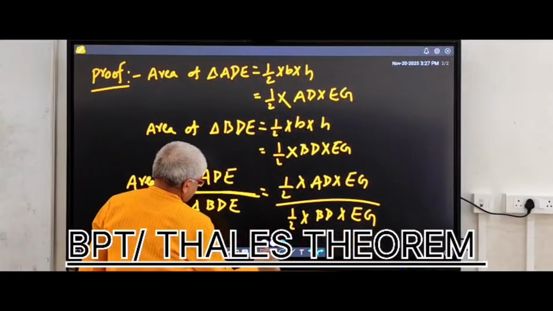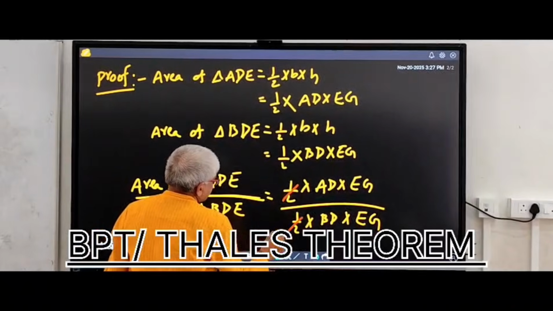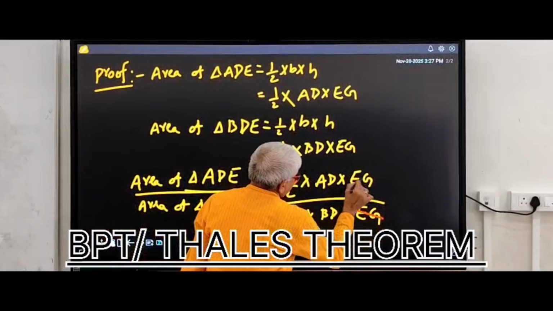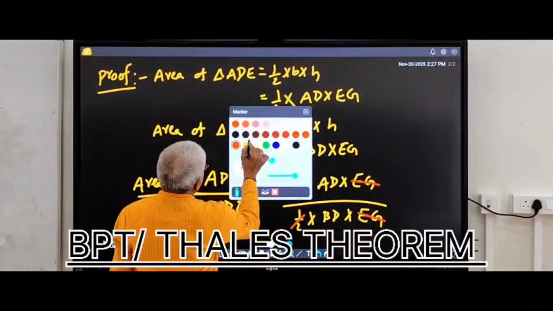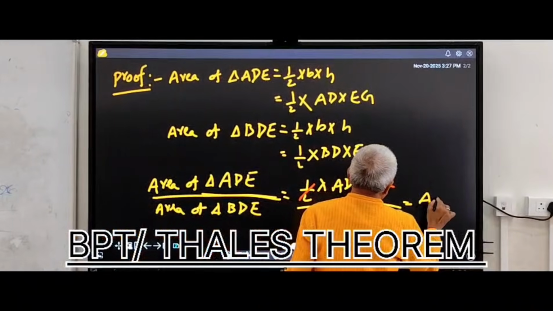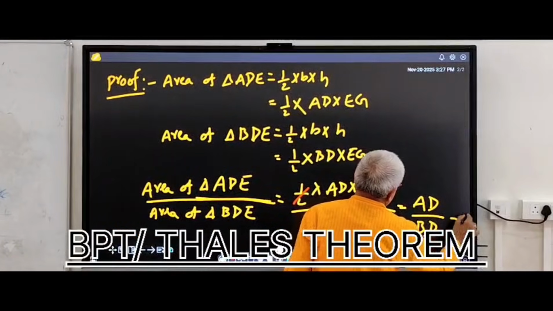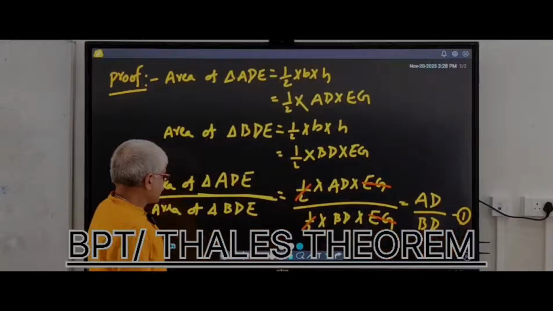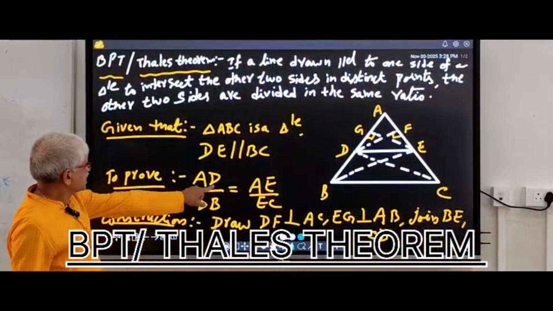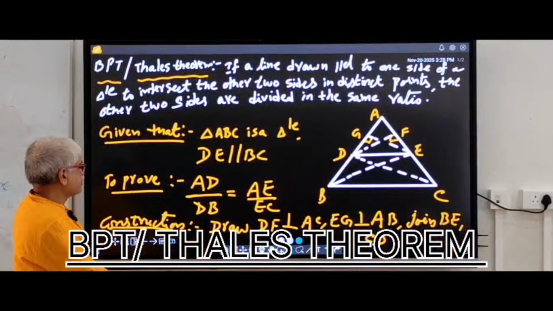Now if you do the cancellation, half gets cancelled, EG gets cancelled, then what is left over? The leftover is AD by BD or DB. So let me name it as 1. If you closely observe, this is what we have to prove, AD by DB. Either DB or BD, both are same.